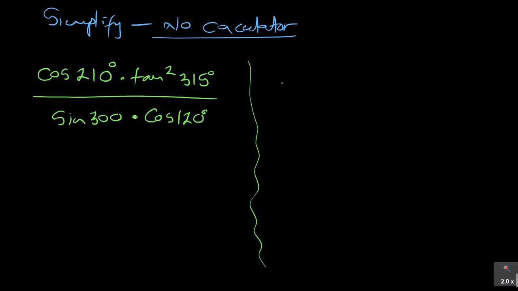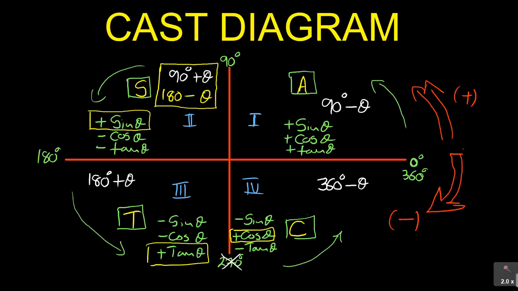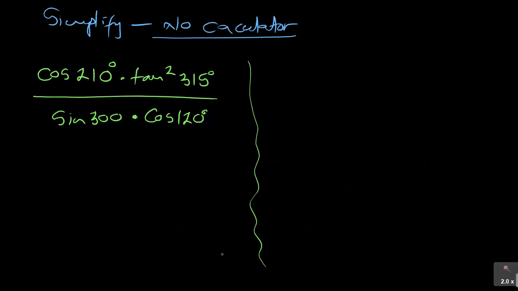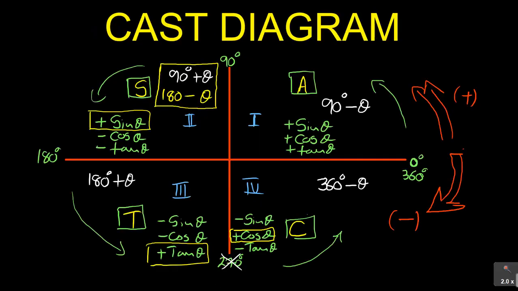So the first thing you need to do is remember you're relying on your reduction rules that we did previously, which is your CAST diagram. So now let's look at cos 120. If you have been following the previous lesson, you identify where do I find cos 120. I will find it in the second quadrant. And what's happening in the second quadrant?